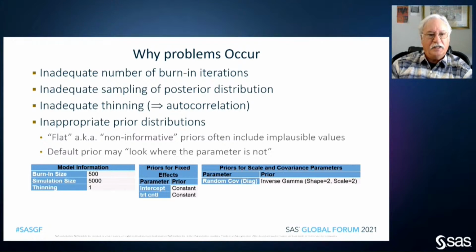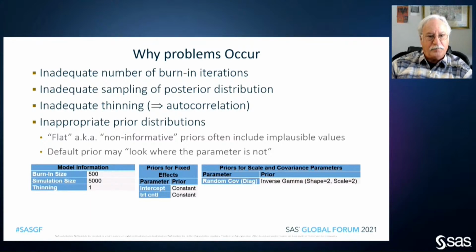If we look under the model information, we see that the burn-in size by default is 500, the simulation size of the posterior distribution is 5,000, and the thinning of 1 means we're not doing any thinning at all.